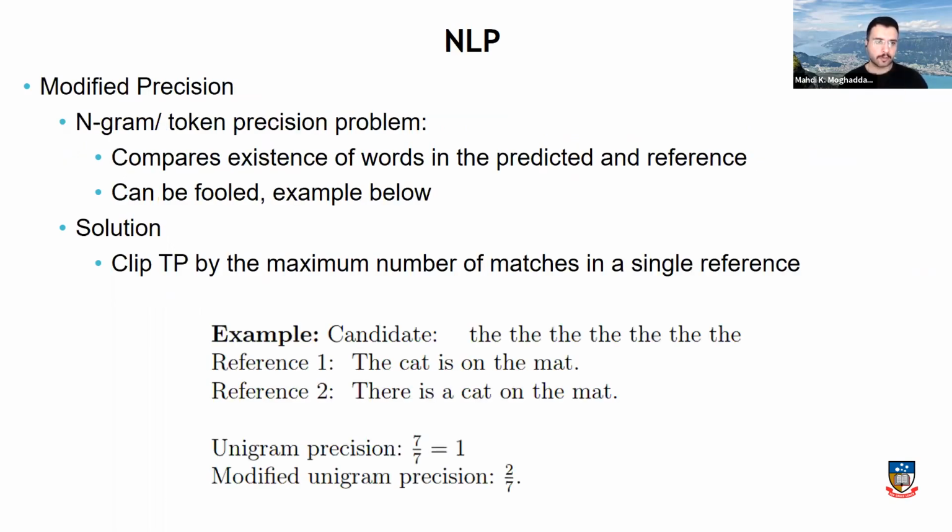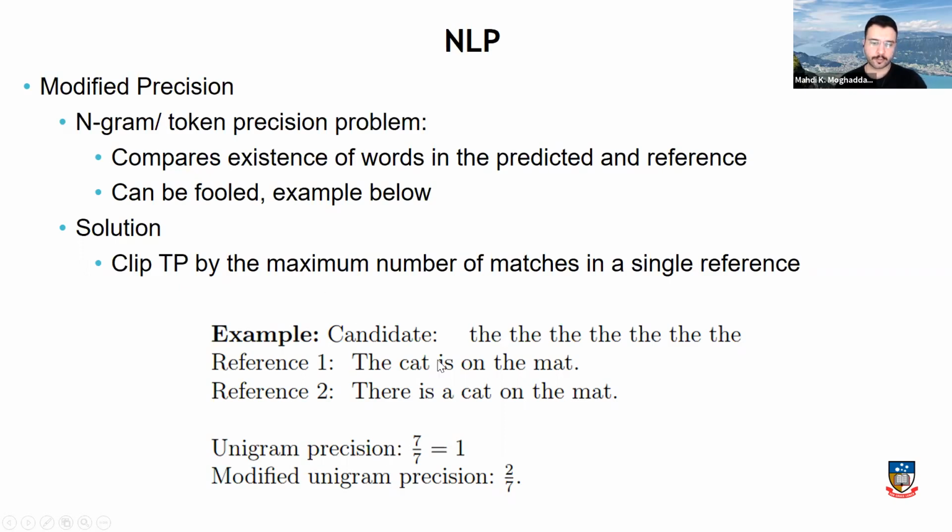So in language, let's look at this example that you have here. If your candidate that you have generated is this one, 7D, and then you were supposed to either predict reference 1 or reference 2, then one way to compare these two that back in the days maybe people used to do, and even at the moment might be a good starting point, is precision.